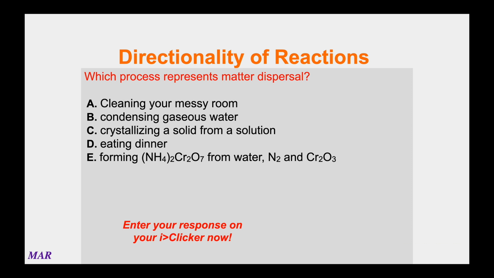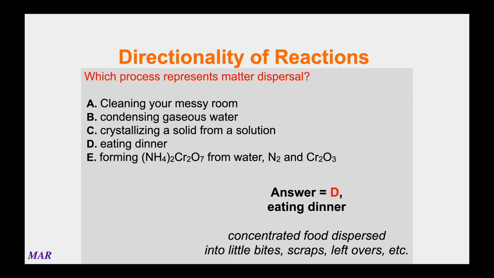That's fighting matter dispersal. D, though, eating dinner. Now think about that. Let's say you had a burrito, which is what I had a while ago, all right? A burrito's a nice, compact little food source. You eat it up. Well, first of all, you have to chew it, break it into lots of pieces. Then in your body, the energy is distributed throughout your body. And of course, some of it comes out as waste and stuff like that. Guess what?